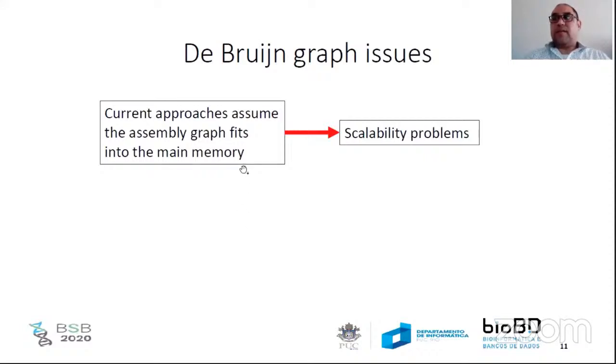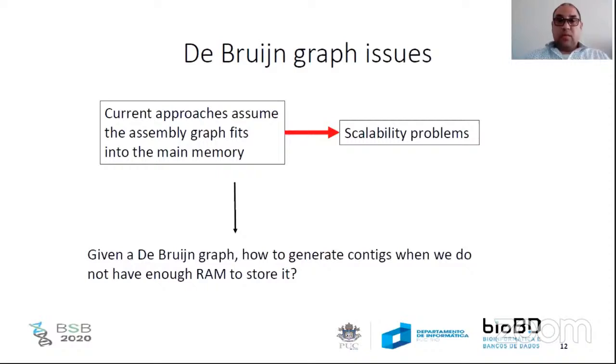Consequently, if the size of the graph exceeds the amount of memory available, it will be necessary to increase the RAM. As in the near future the size of the datasets will increase dramatically, this situation will stress the different systems. There is a need for a new approach to process all of these massive amounts of information in a scalable way. So, given the De Bruijn graph, how do we generate contigs when we do not have enough RAM to store it?